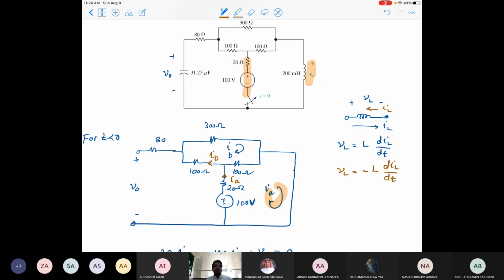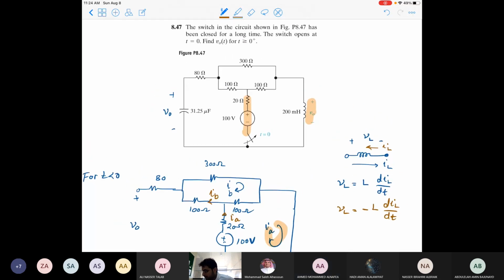Do you agree with me on this? Yes, I agree. Okay. Similarly, if we have a capacitor, IC will be C dVc by dt if the current is flowing in this direction.